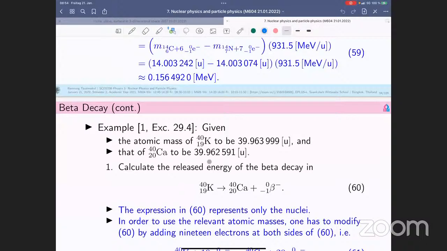The next one is calcium 40, the next element after potassium. It has one more proton, and this one has 21 neutrons, and this one has only 20 neutrons.